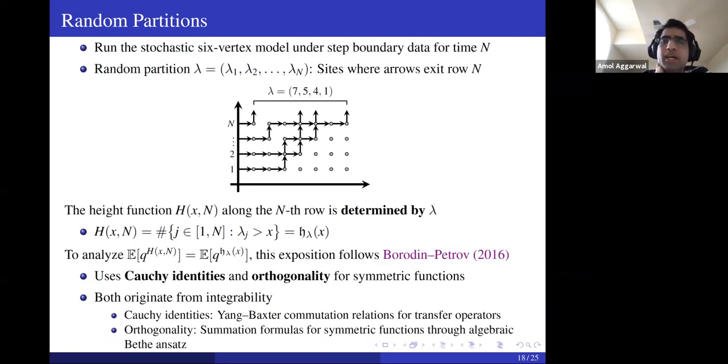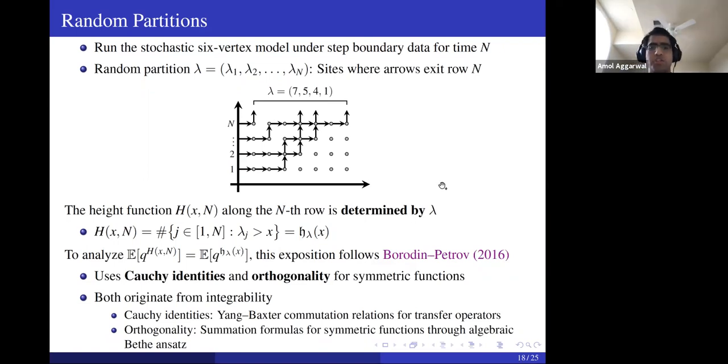The Cauchy identity is rather familiar to the p-adic end of the audience. It follows from the Yang-Baxter commutation relations for certain transfer matrices. The orthogonality follows from certain summation formulas for symmetric functions. That's facilitated through the algebraic Bethe Ansatz, which is also based on the Yang-Baxter commutation relations.